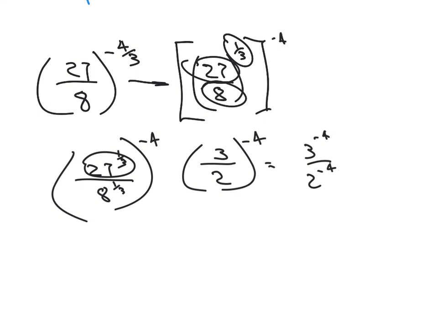So what that means is that the 2 and the 3 are in the wrong place with that minus sign. So we're going to put them in the right place. So the 2 goes on top and the 3 goes on the bottom. So now I can take 2 to the 4th power and 3 to the 4th power, and that means I'm done. All right, a few more examples.